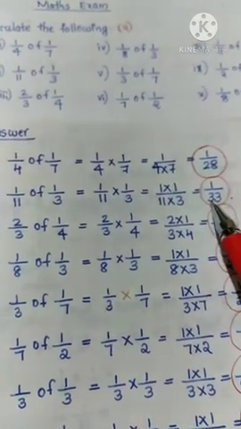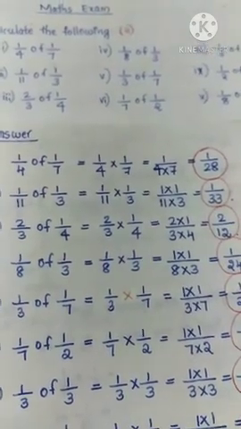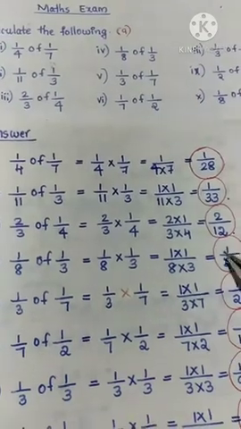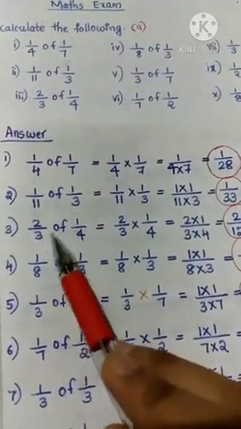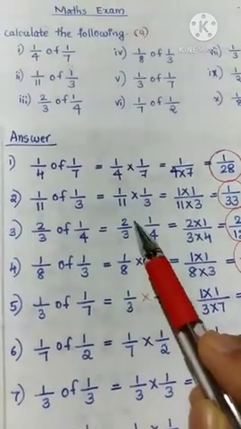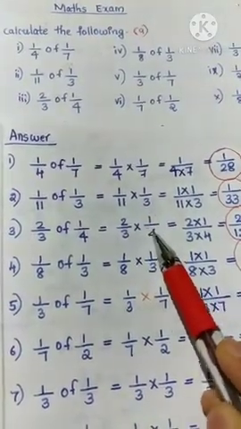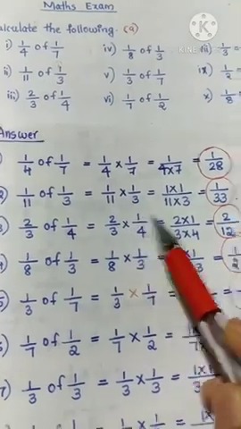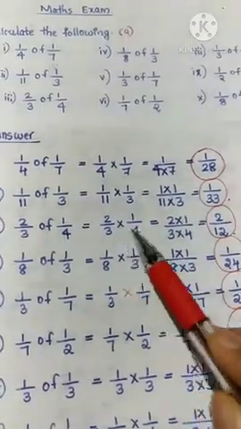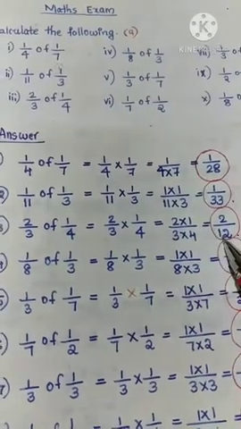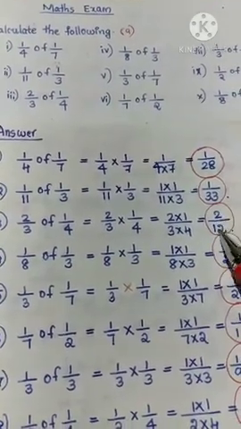So 11 into 3 is 33. So the answer is 1 by 33. Next, 2 by 3 of 1 by 4. So 2 by 3 into 1 by 4. 2 into 1, that is 2, divided by 3 into 4. 3 into 4, 12. So the answer is 2 by 12.